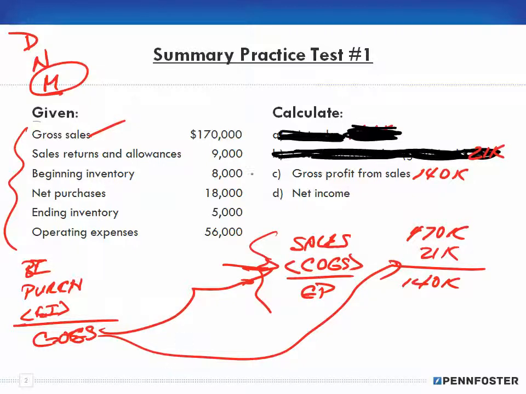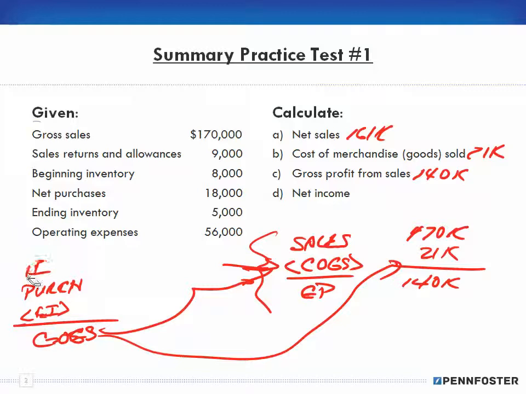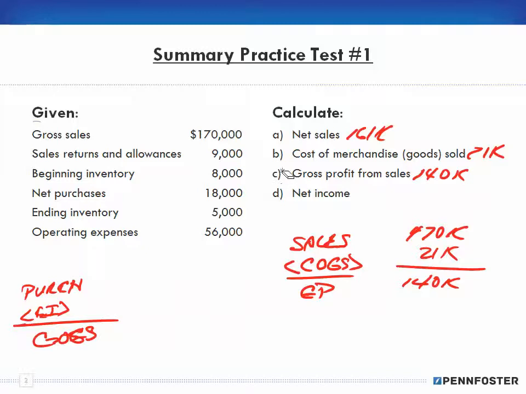So when you first started this test problem, you did A and then B, and you were able to use that information from B to arrive at the answer for C. But if you weren't asked to do that previously, this formula of sales less cost of goods sold ends up being a little more complicated, because you'd have to do all of this first in order to figure out your gross profit.